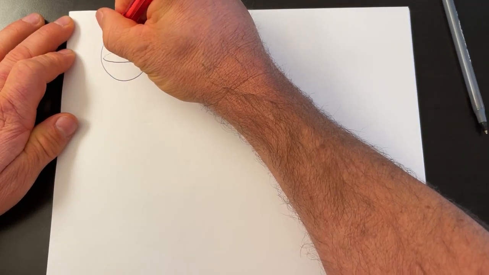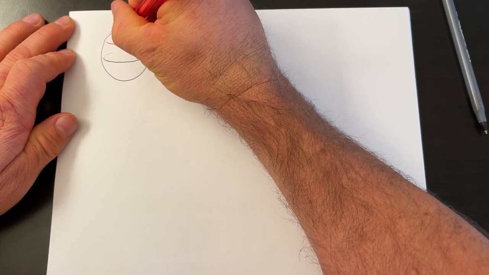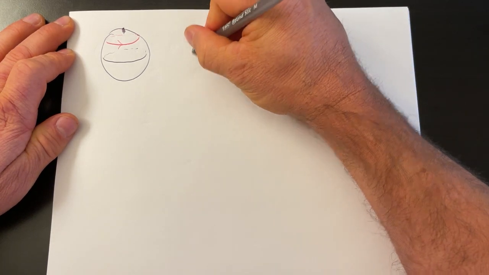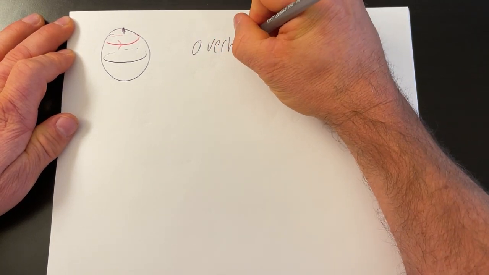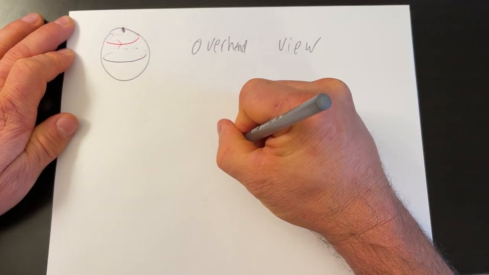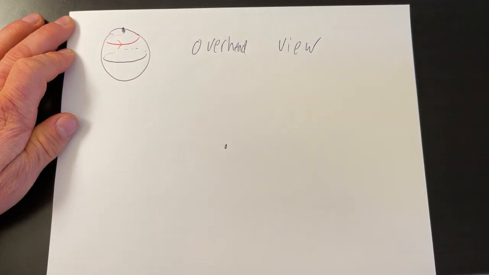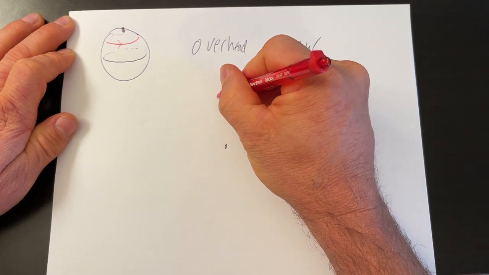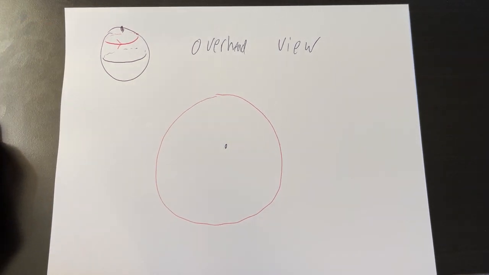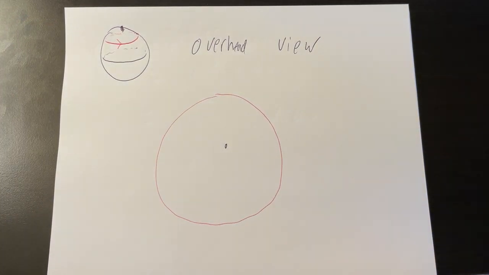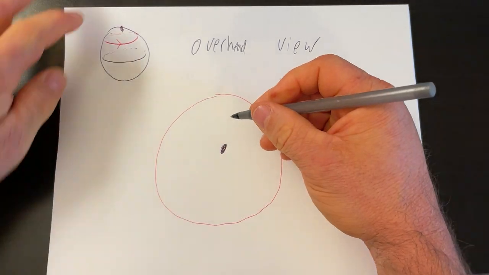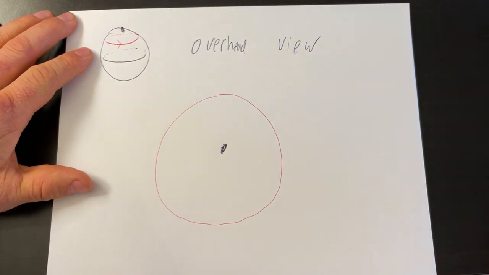If I draw a line of constant theta and changing phi, I'd like to draw the overhead view of this. I have learned that when you draw a circle and something in the middle, you should draw the circle first and then draw the point in the middle later. It's easier. So I always get that backwards. Okay, so this is the overhead view.